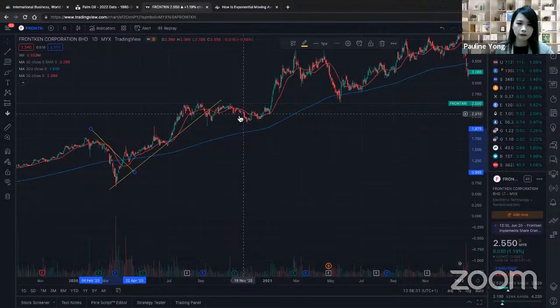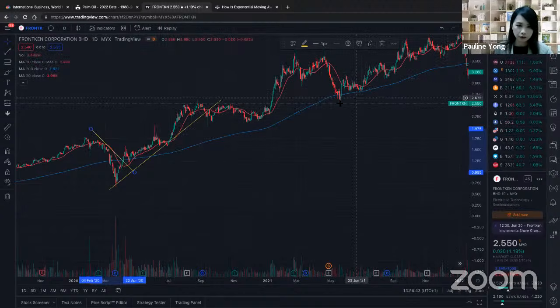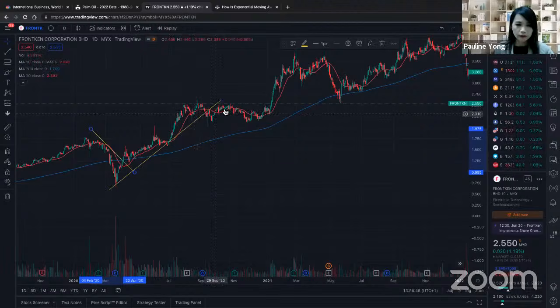It's not effective when you are moving horizontally. So when is the moving average effective? When you are trending: uptrend, downtrend, uptrend, downtrend. When you are trending, it is effective. And when you are horizontal, not effective. If you just use that line to tell you when to buy and when to sell, you will lose money here, because it will have a lot of false signals.